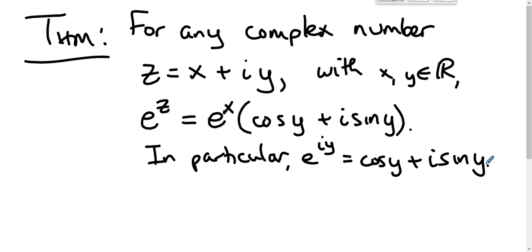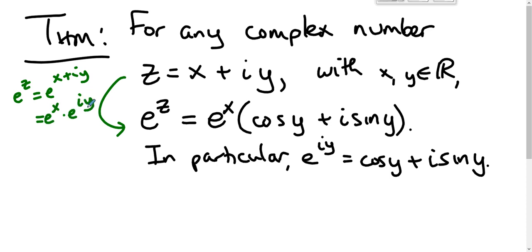Why is that true? Well, the first part is true because e to the z is e to the x plus iy. That's e to the x times e to the iy. So the fact that e to the z is e to the x times something comes from that.